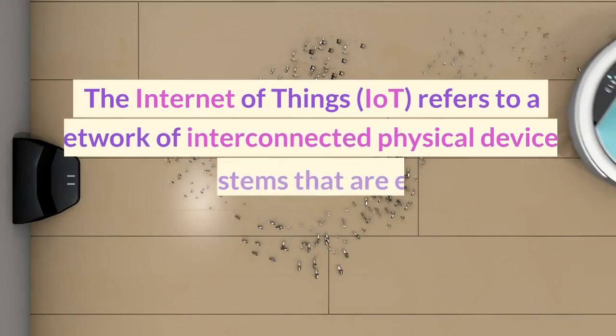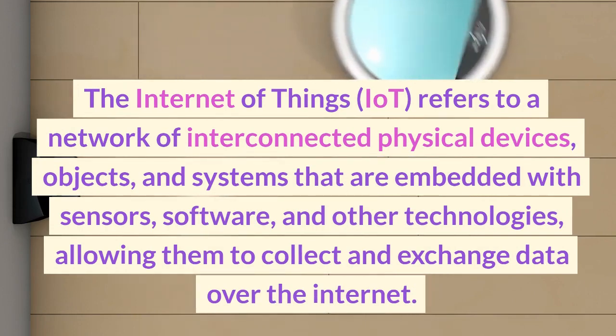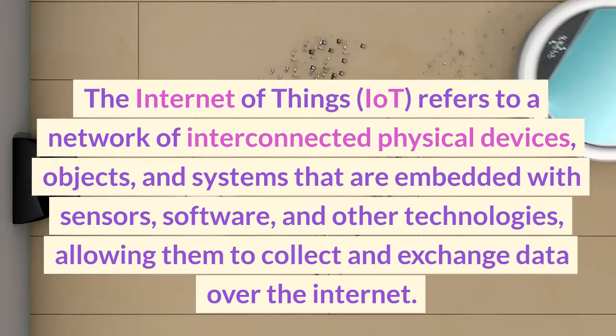The Internet of Things, IoT, refers to a network of interconnected physical devices, objects, and systems that are embedded with sensors, software, and other technologies, allowing them to collect and exchange data over the Internet.